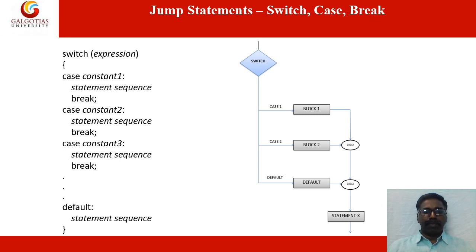Case constant 1, a set of statements for this sequence, and then break. Case constant 2, several statements, and break. Likewise, it goes on up to n number of cases. At the end, we have a default, with a set of statements for the default case.